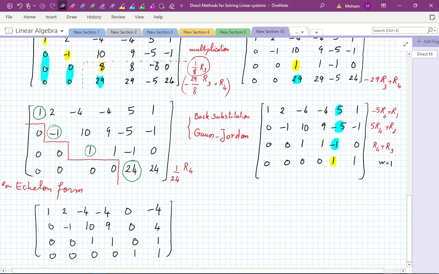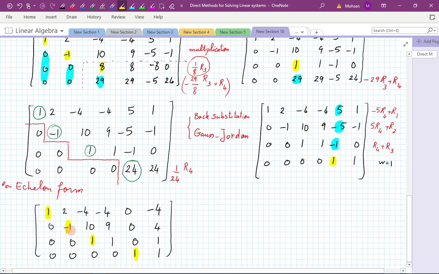Okay, what is next? Here comes the crucial distinction. Our pivots are the following entries. And this was a pivot, this is a pivot, this is a pivot, and this is a pivot.